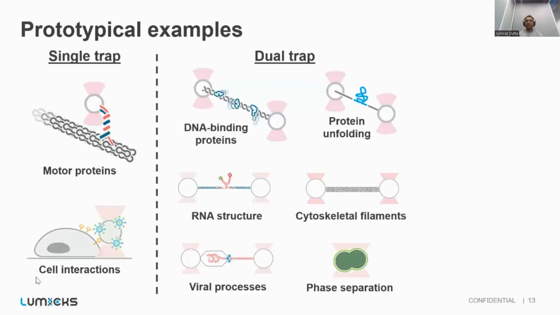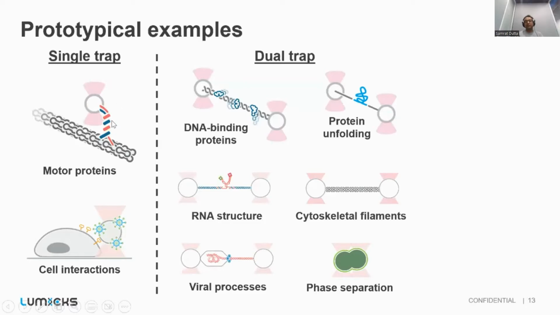Before going into the application, as I have mentioned, the user has the flexibility to choose a dual trap or a quadruple trap. They can also choose a single trap, which depends upon the application, for example, assays where only one handle is required.